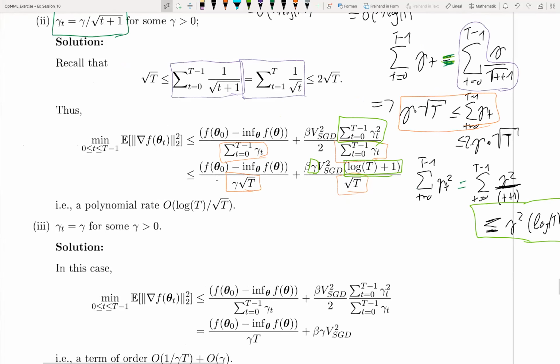And what we get here is a better rate, right? So this is now O of 1 over square root t. And here, it's a bit dampened by the logarithm in the numerator, but still a square root of t rate, which is not bad.